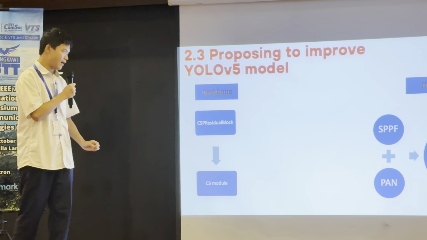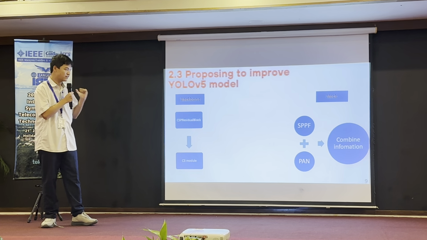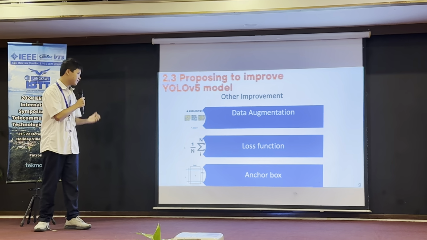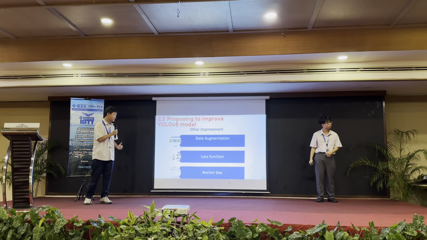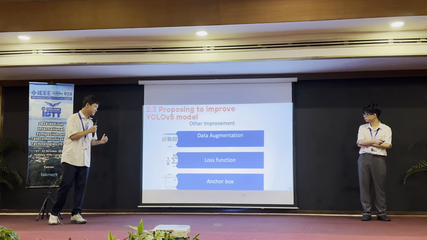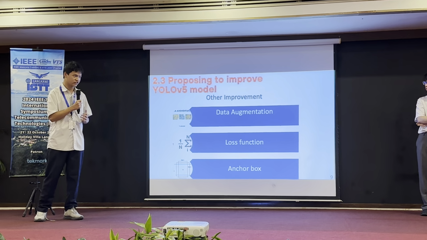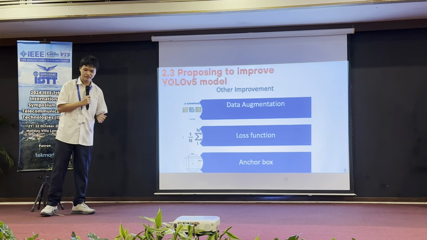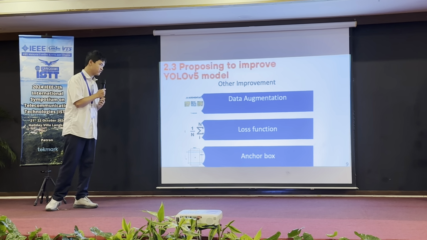Next, we combine SPPF and PAN so we can have better combined information. For other improvements, we introduced new data augmentations like mosaic and copy-paste, which help increase the diversity and generalization of our models. We also refined the loss function for better performance, and lastly, we use auto anchor for our boxes.